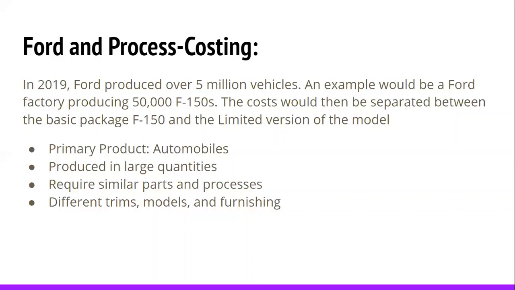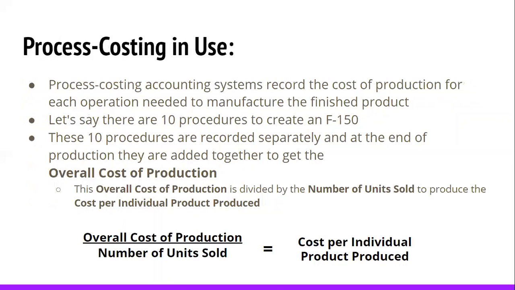The primary product, which is automobiles, is processed in large quantities, and it requires similar parts and processes, and different trims, models, and furnishings. Now I'm going to hand it off to Noah to finish process costing.